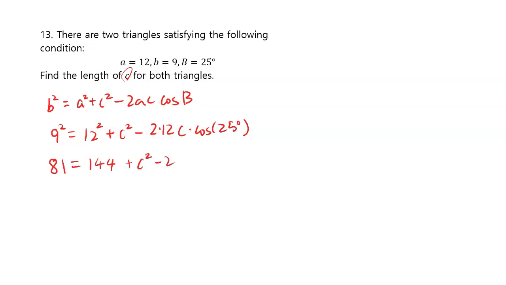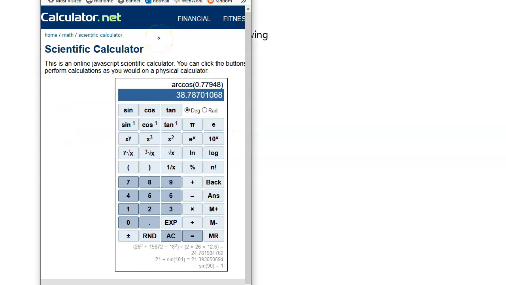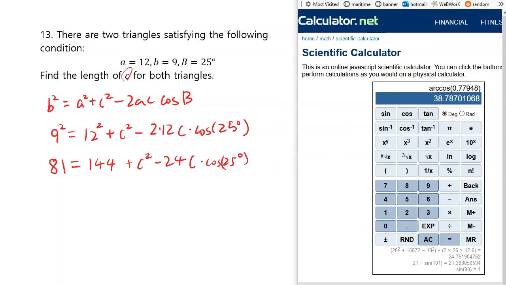Minus 24 C times cosine 25 degrees. Of course I can't figure out 24 times cosine 25 without a calculator, so let's try that. 24 times cosine 25.